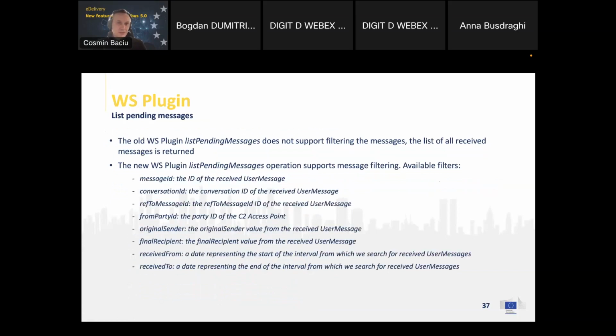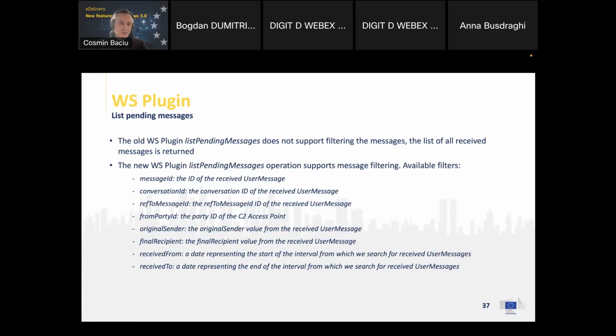A nice improvement we have added in the new WS plugin is the enhancement of the list pending messages operation, which now supports filtering the messages. In 4.2, as you remember, this method was just returning all the messages that were received. You could not filter them.